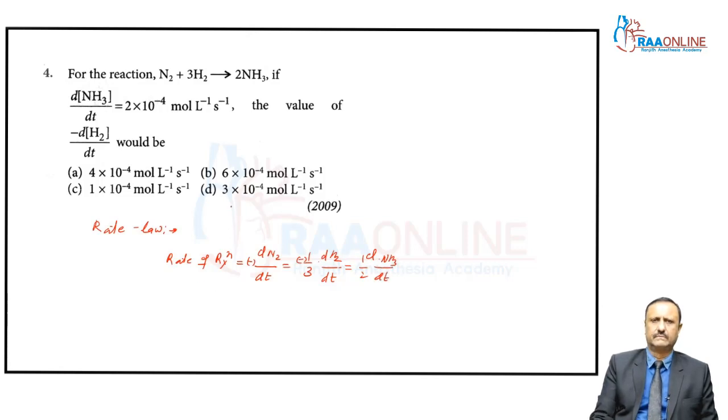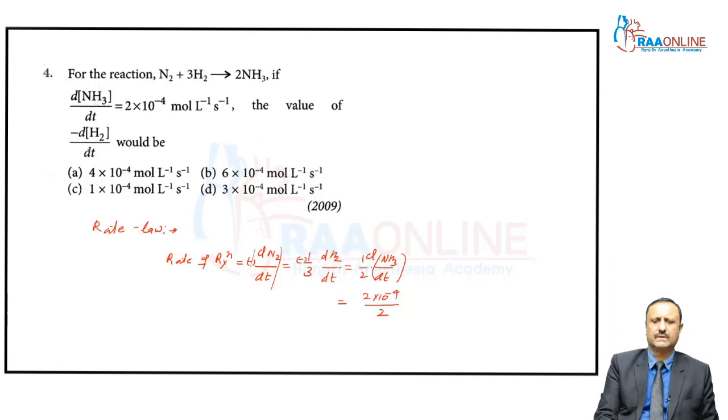Here, my dear students, the concentration d[NH3]/dt is given as 2 × 10^-4. So you put 2 × 10^-4, and when this is divided by 2, you get d[N2]. But here they want the concentration of d[H2].